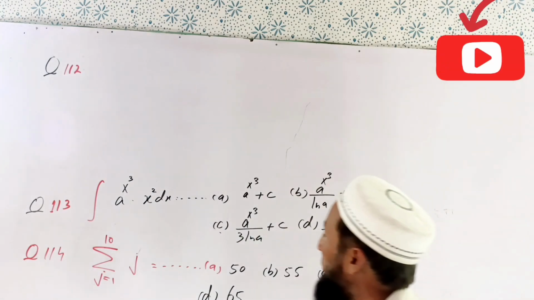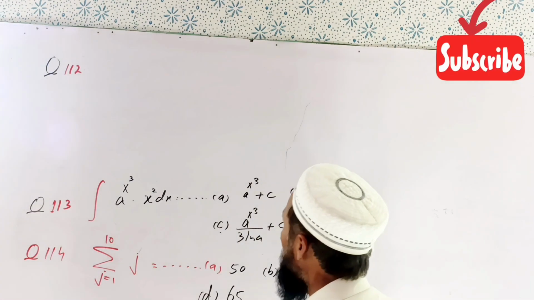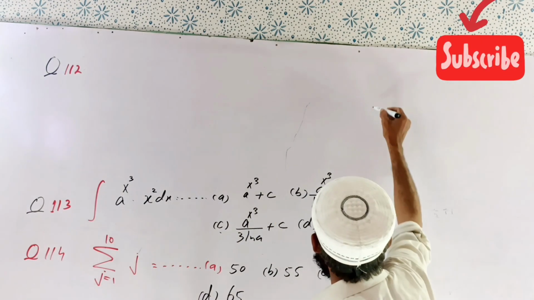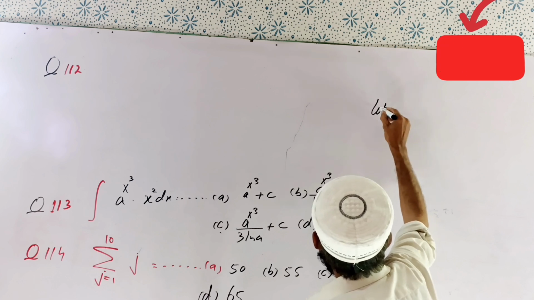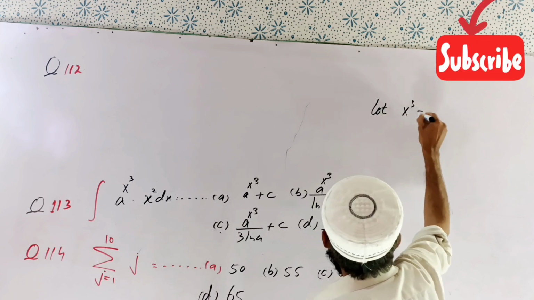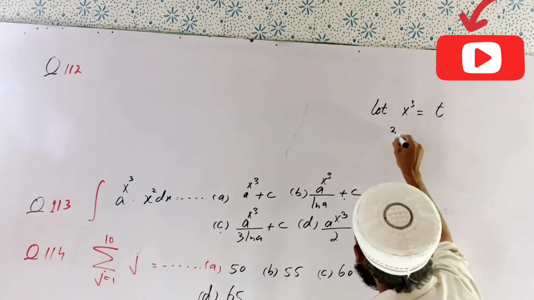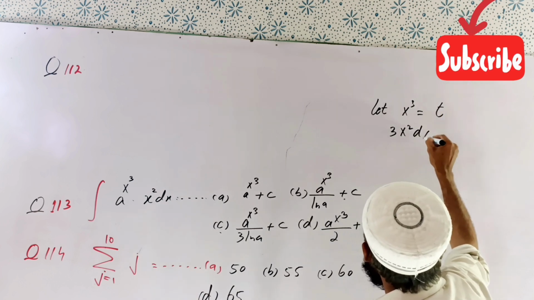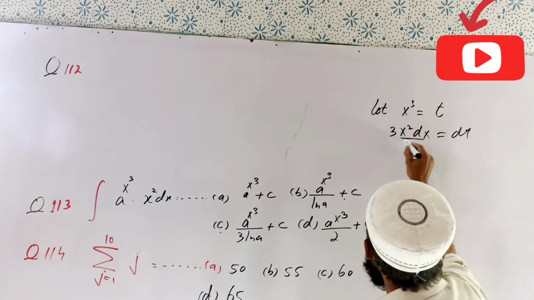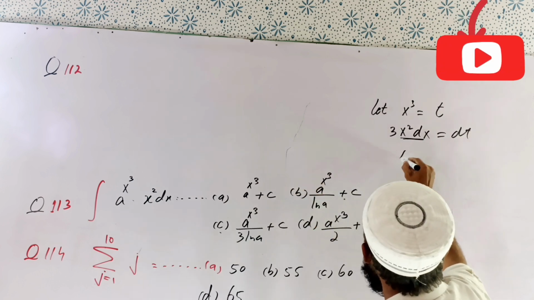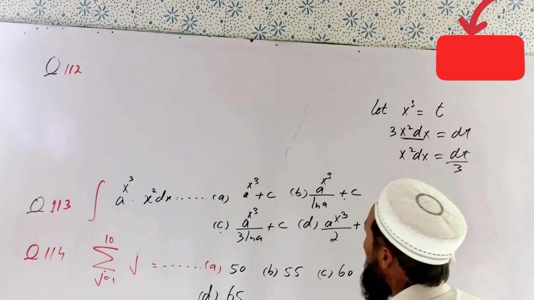Option A is the correct option here. Look here, if an integration with a power is given, let us suppose x cube is equal to t. If we differentiate, 3x square dx equals dt, so we can rewrite, since x square dx is available, dividing both sides by 3.